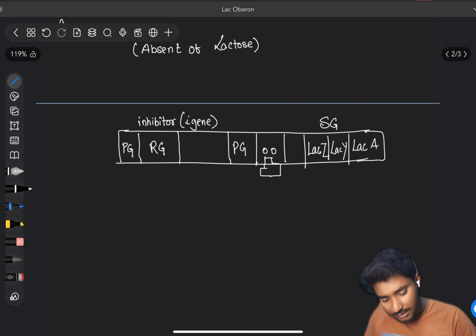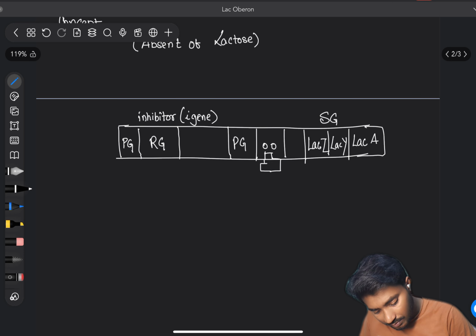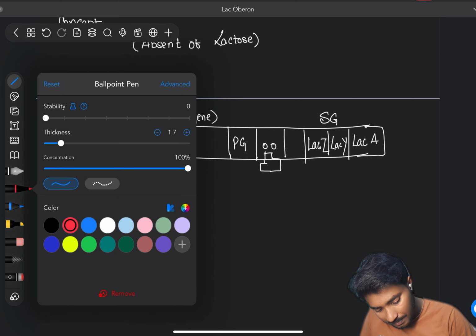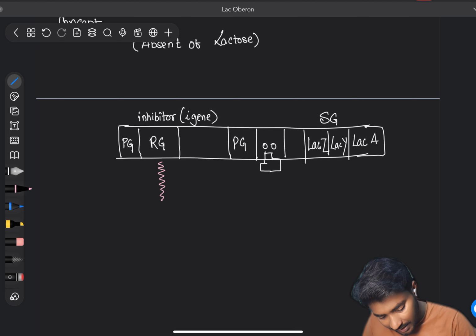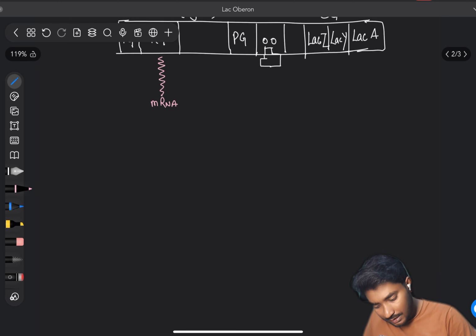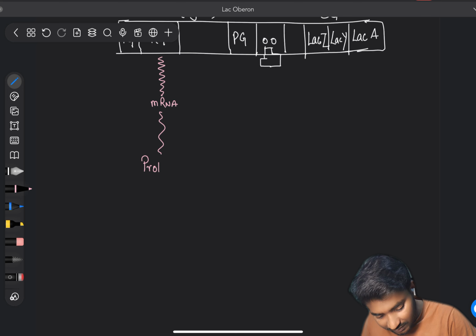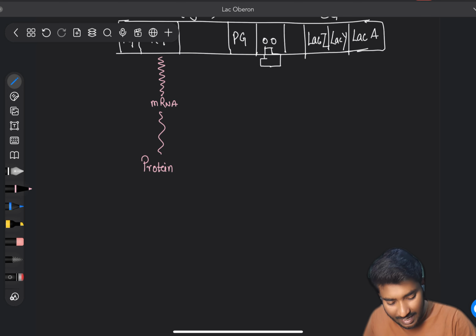Now from the regulator we see mRNA. The mRNA is converted into protein, that is active protein.